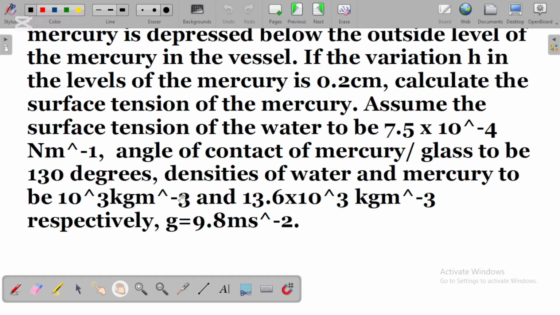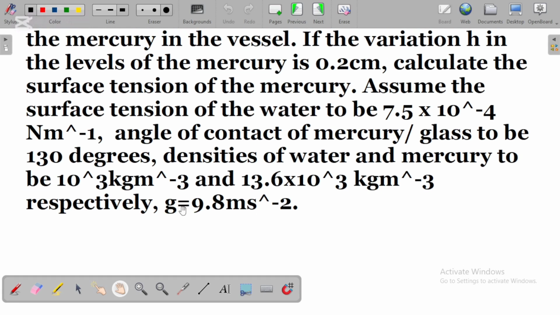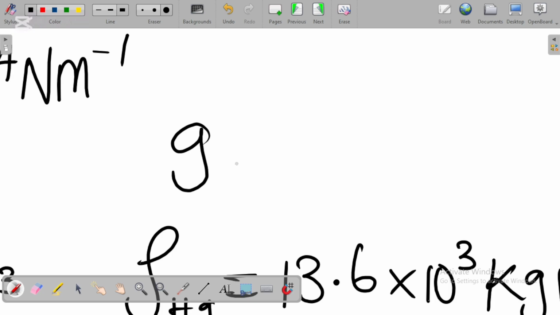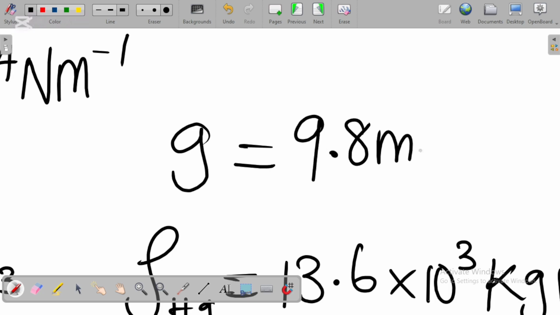All right, so let's look at the question again. The acceleration due to gravity g is equal to 9.8 meter per second square. So g, which is acceleration due to gravity, is equal to 9.8 m s^-2.